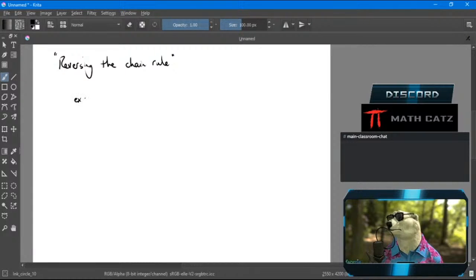For example, if I have the perfect situation where I have a function of a function, let's say it like that, x cubed plus x, and I have something ridiculous here as my outside function.